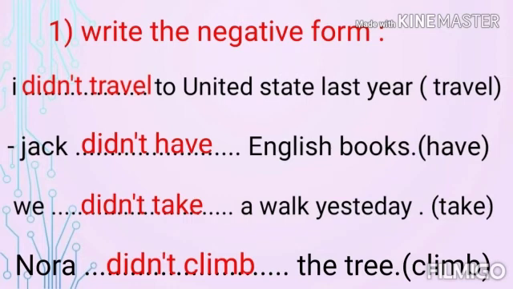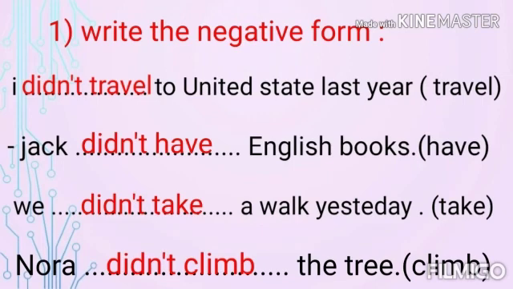So here you have the verb travel. It's a regular verb. Okay. So what is the simple past of travel? It's traveled. Yes. The second verb is have. What is simple past of have? It's had. Yes. Had, it's an irregular verb. The third verb is take.